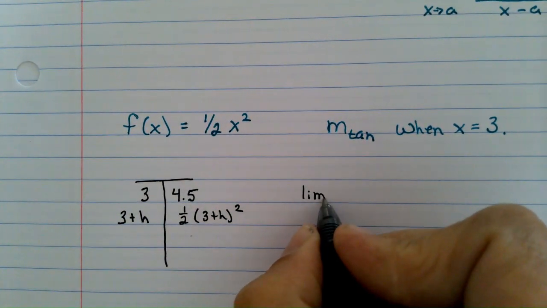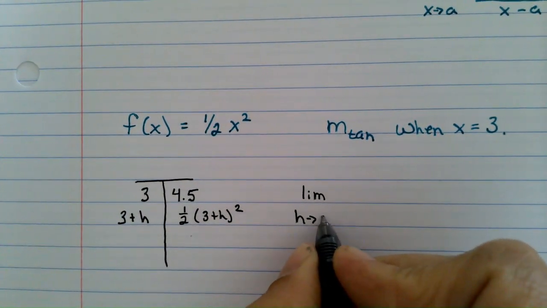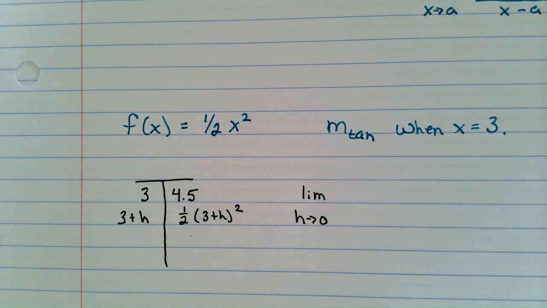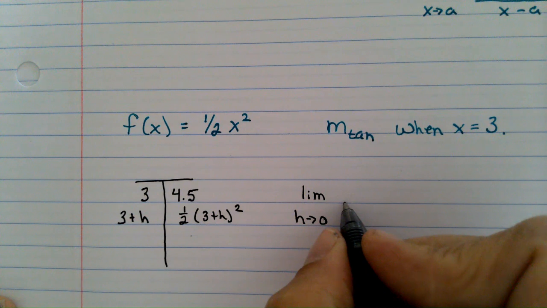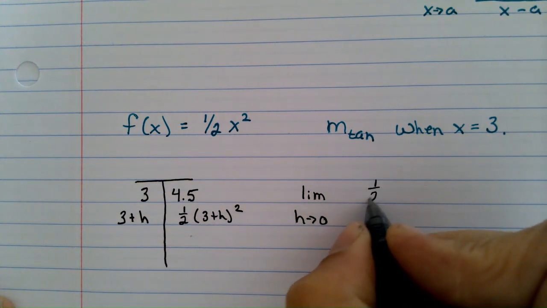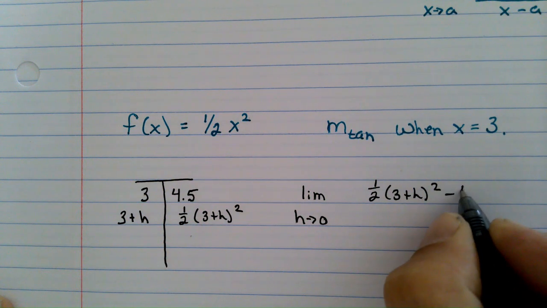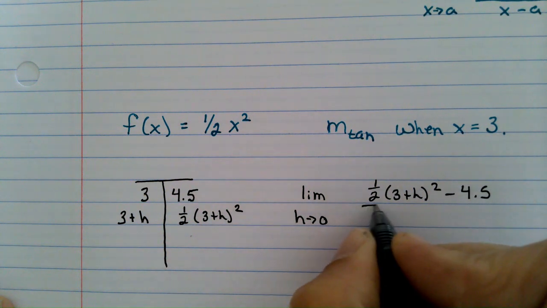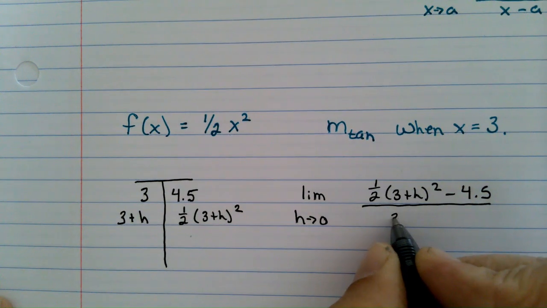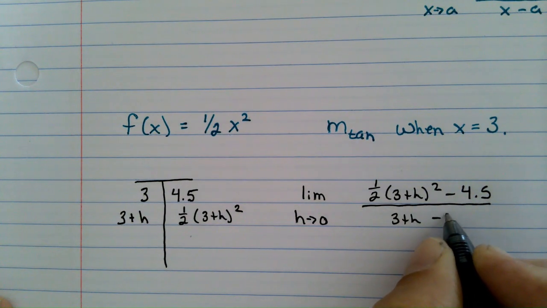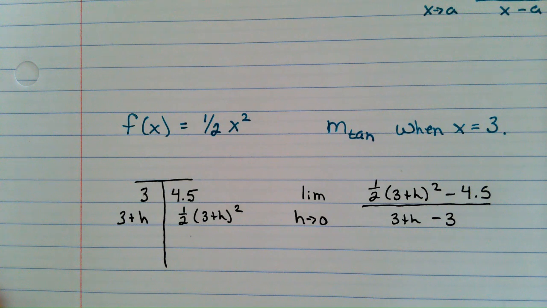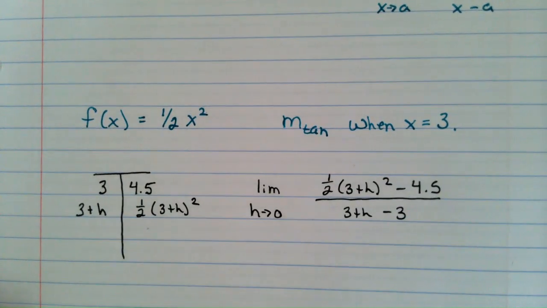So we want the limit as h is almost nothing, right? We want h to be as tiny as possible, 0.000000001, right? And then to do the slope, we'd have to do this minus this over this minus that. y2 minus y1 over x2 minus x1, right?